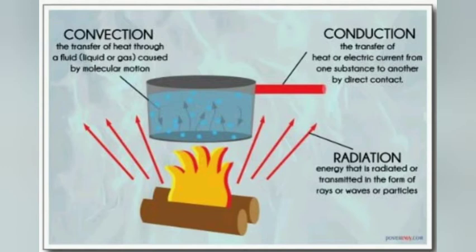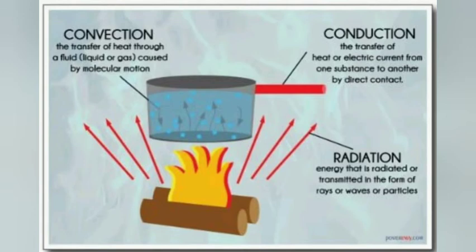When I touch the handle of the vessel, I feel the hotness. The process is called conduction of the heat throughout the vessel. Whereas, in the water inside the vessel, the heat gets transferred from one molecule to another molecule. That process is called convection.